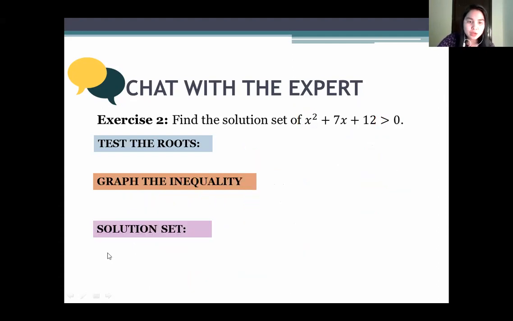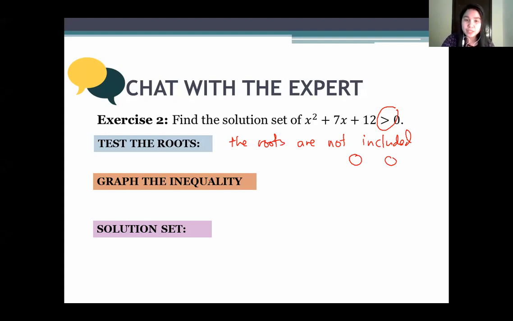How do we test the roots? Again, go back to what I told you a while ago. If it's greater than or less than, the roots are not included. So we just have open circles.